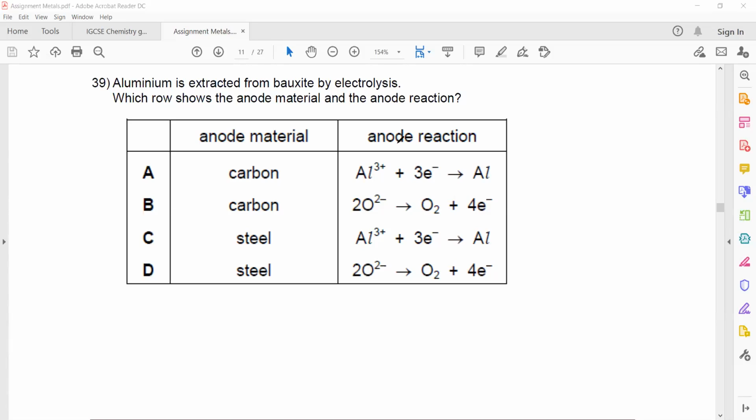And which ion will move towards the anode? Oxygen will move towards the anode. B is the right answer.